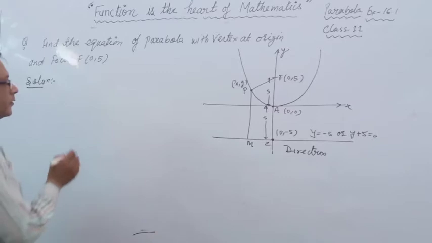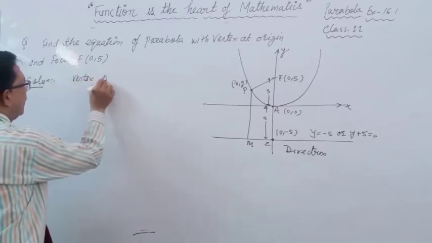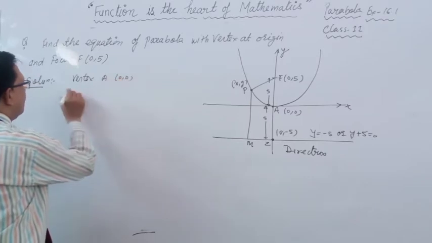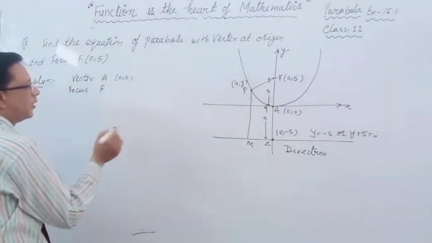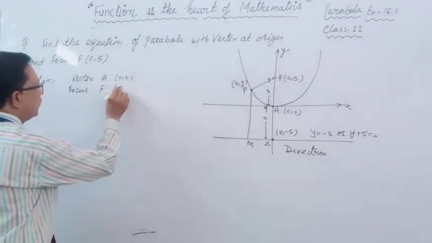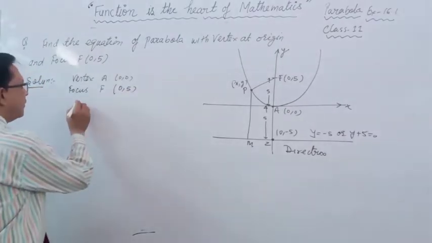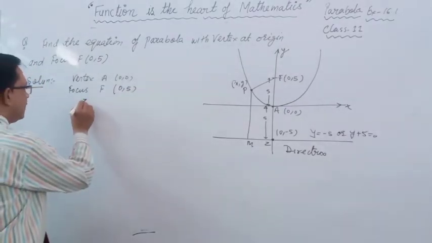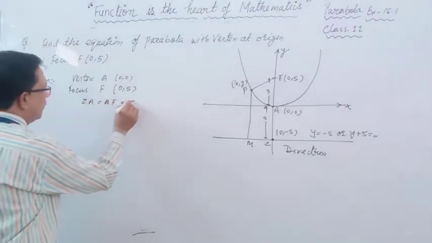We write the given things: vertex A is (0, 0), the focus F is (0, 5), and we know that ZA is equal to AF is equal to 5.